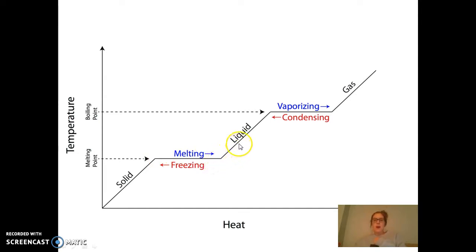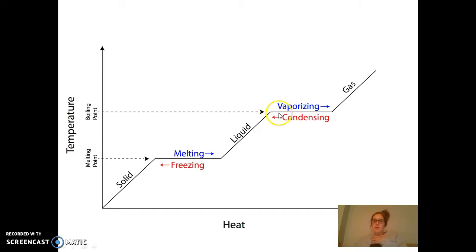The liquid is going to get hotter and hotter as you add heat. The temperature goes up, up, up, up, up, until you get to another magical point called a boiling point. At that temperature, then the molecules of the liquid will start to break free of each other and become gas.